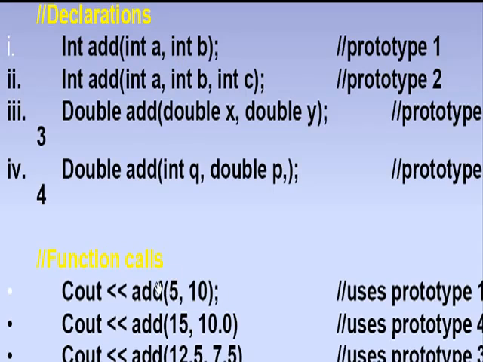It can behave differently, with the same name, so it is polymorphism. And the compiler knows which function to bind with which call before running it. That means with this call, the code of this function will be bound.